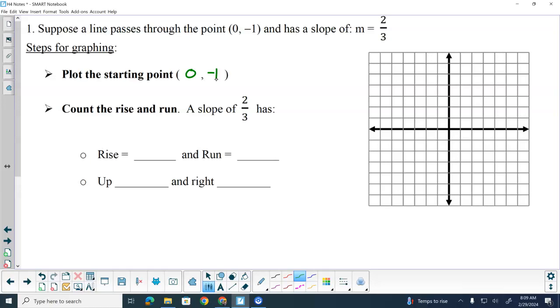Not a lot of people agree with you. I want to plot the point 0, negative 1. Going right, negative 1, it's still going left. No? Third time's a charm.